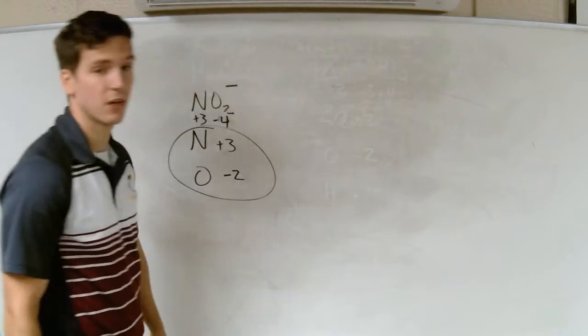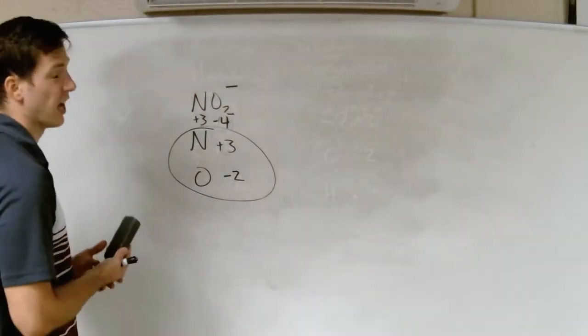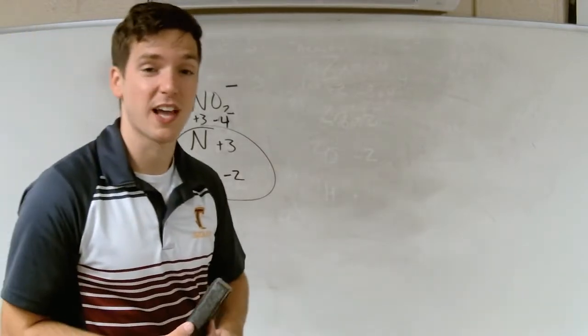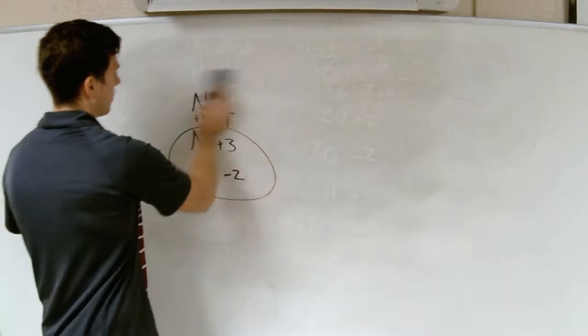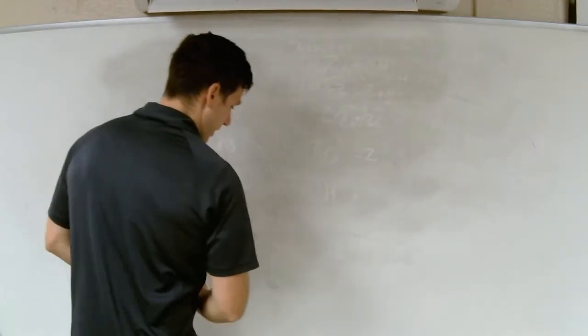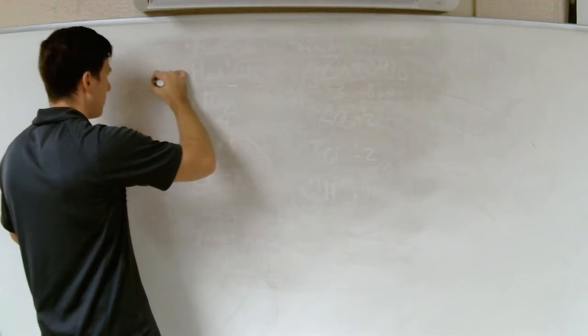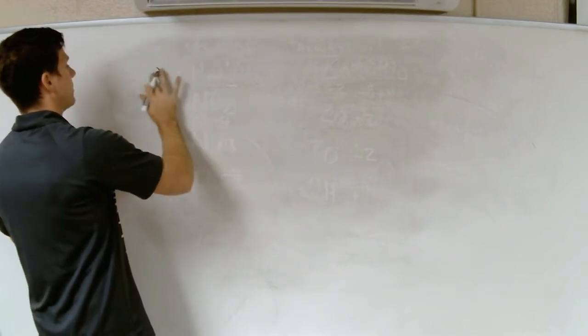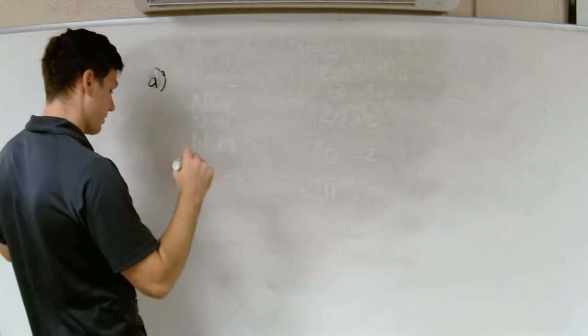Next thing. Now we have to combine all this together. We've got to figure out which one is oxidized and which one is reduced, and this happens in a chemical reaction. So let's go ahead and do just 3 examples. Okay, this will be example A, as I get my hands all black from this marker.